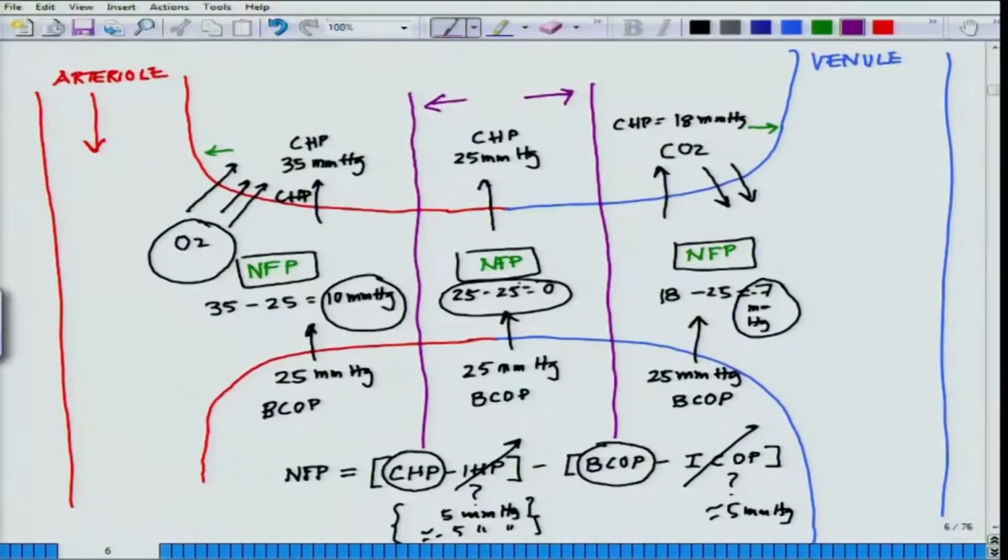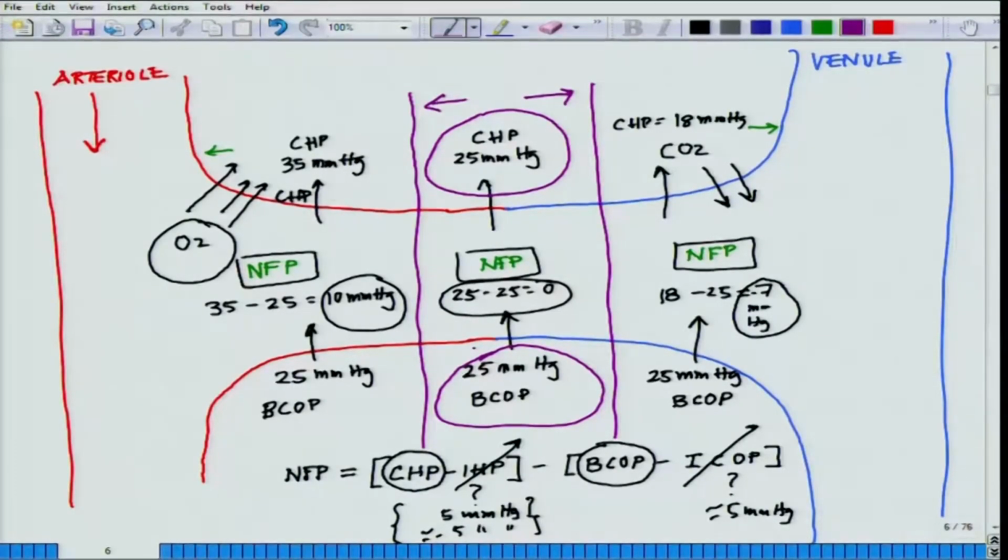If there is no pressure difference, there won't be any filtration. So, at this zone where it is 25 minus 25, you cannot expect any filtration to take place. The colloidal osmotic pressure and capillary hydrostatic pressure are equal.